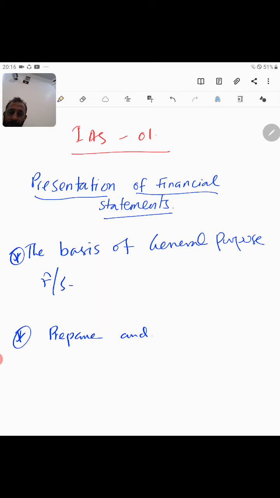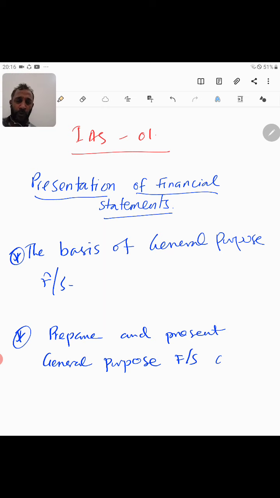We have to prepare and present general purpose financial statements according to IFRS.